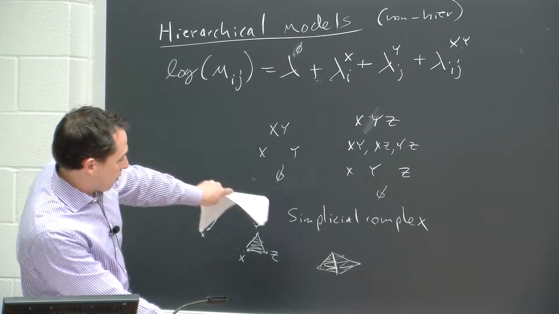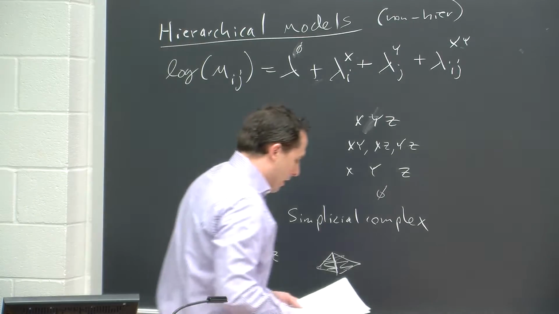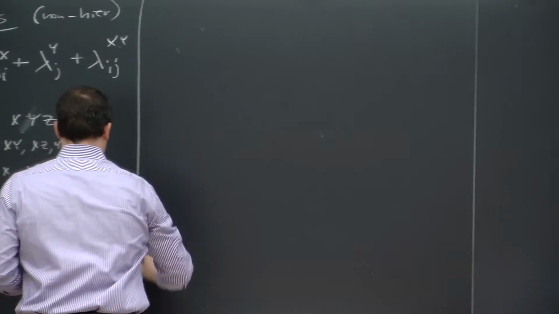So hierarchical models correspond to simplicial complexes. Statistically, what's going on? Why do we need these lower order terms?